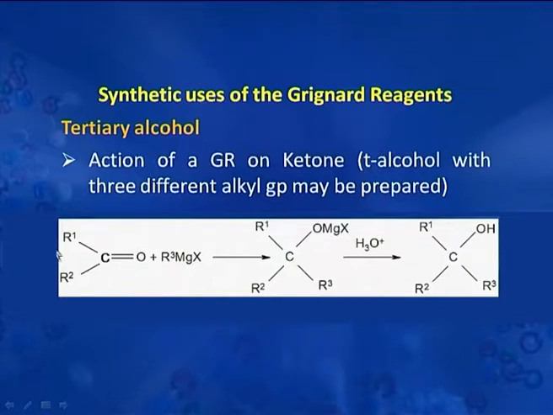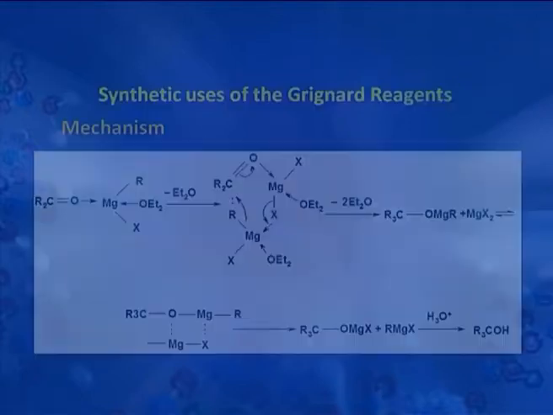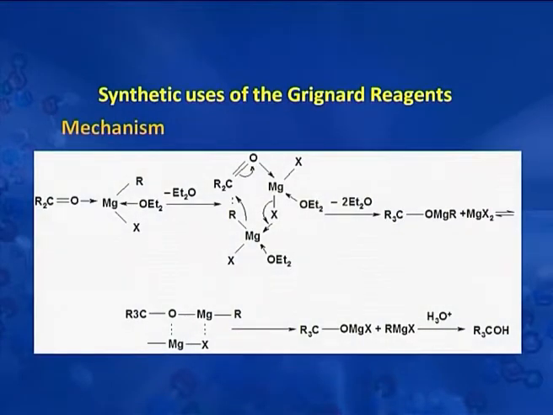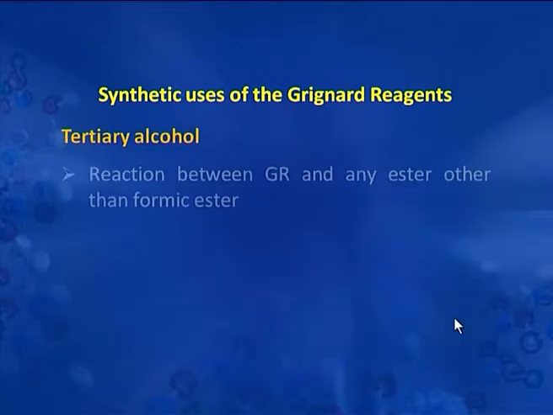Here we can see R1, R2 and R3, the three different alkyl groups present in a tertiary alcohol. This is the mechanism of the formation of tertiary alcohol. From here we remove the two ether molecules and then, followed by hydrolysis, we get tertiary alcohol.